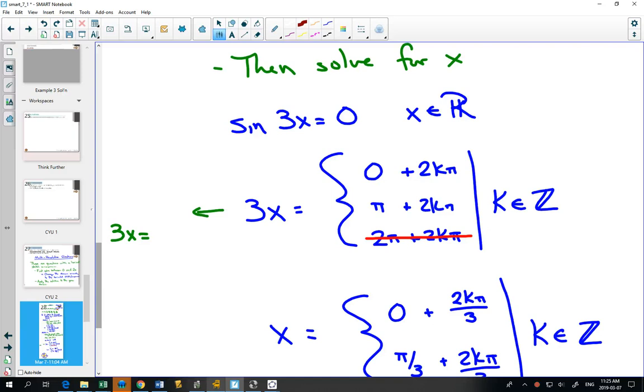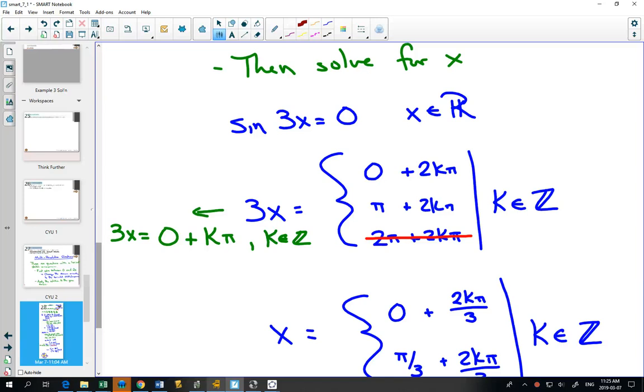Can you see that you could just go 0 plus k pi? And I don't need that 0 there. I could just write k pi, but I put it there so that you could say, if I started at 0, then I could jump to pi, then to 2 pi, then to 3 pi, then to 4 pi. Can you see that this in green is the same as this in blue?